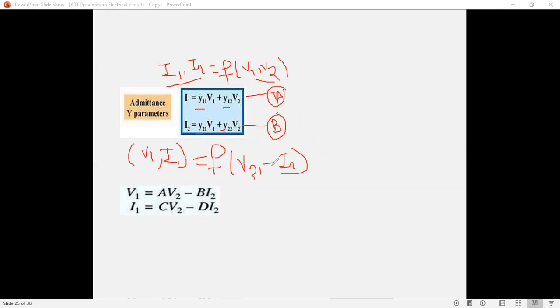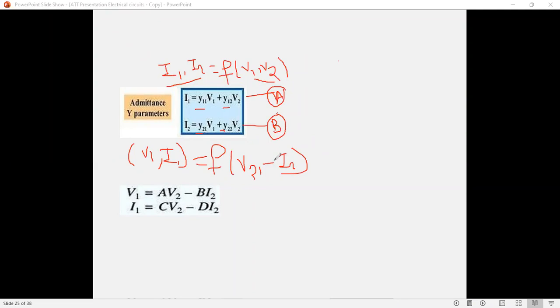Here it is V2 comma minus I2. That means these two variables, voltage V1 and current I1, are the dependent variables, and V2 and I2 are the independent variables.